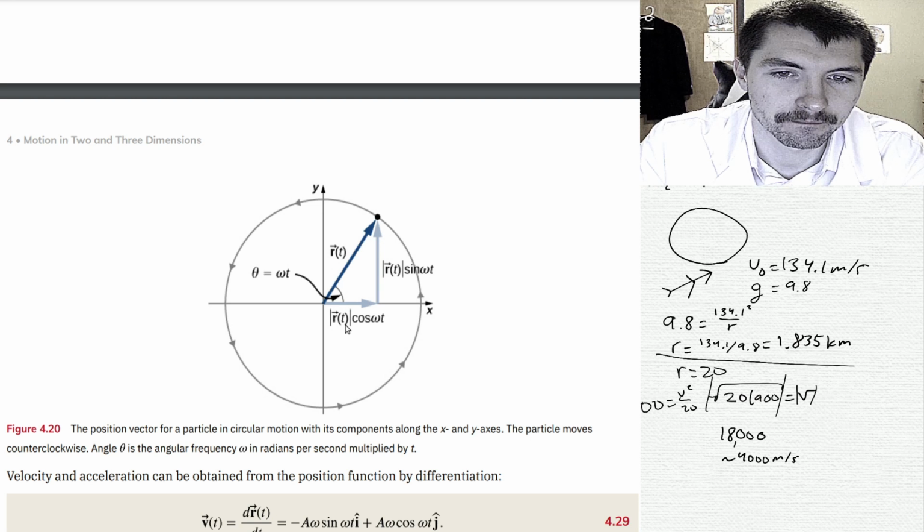Okay. So the magnitude of this vector, so this is omega t. So what's interesting about this is it's changing over time. And I also wonder if this is in degrees.